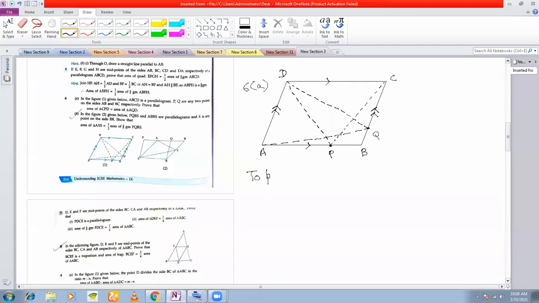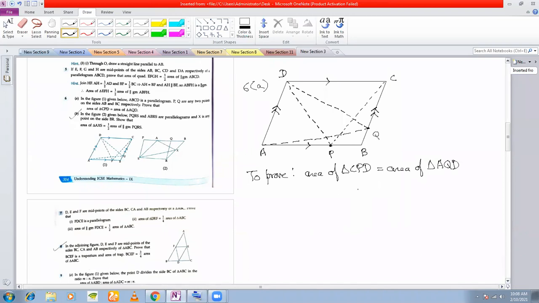Let's write down what we need to prove. Area of triangle CPD is equal to area of triangle AQD.